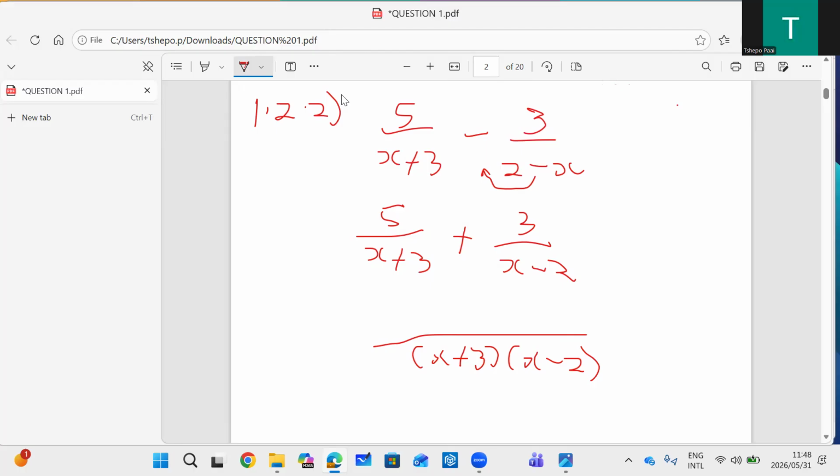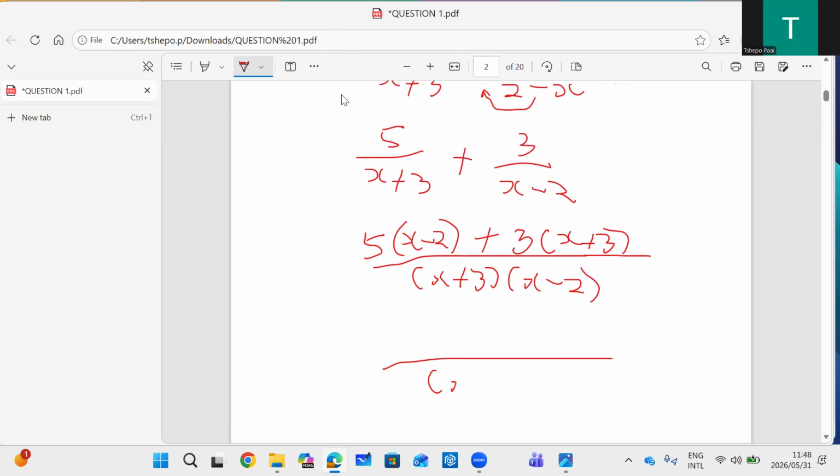Now, x plus 3 into x plus 3, x minus 2, what will be left will be x minus 2. That x minus 2 will have to multiply with 5. We have 5 into x minus 2. You write your plus. x minus 2 into x minus 2, it will cancel out. What will be left is x plus 3. That x plus 3 should multiply with the numerator, which is 3. 3 times x plus 3.